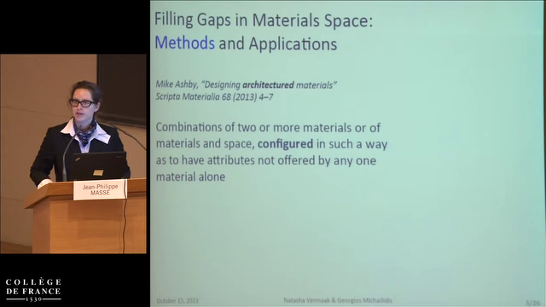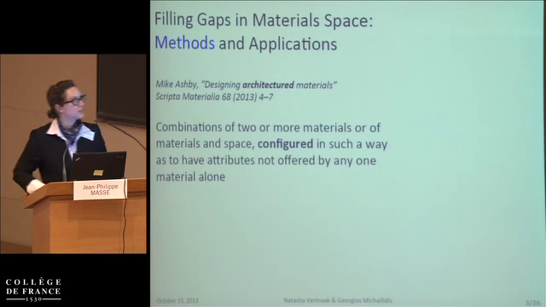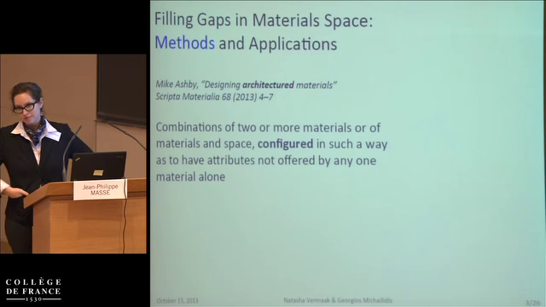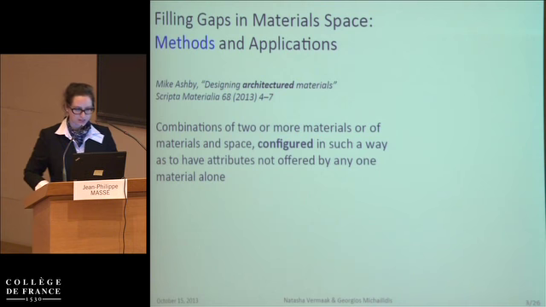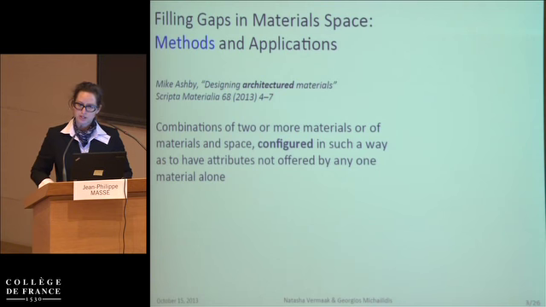We're taking as inspiration the architectured materials that many people have been working on for quite a while. I just happened to take the definition from Ashby recently in a paper from 2013: combinations of two or more materials or materials in space configured in such a way to have attributes not offered by any one material alone.